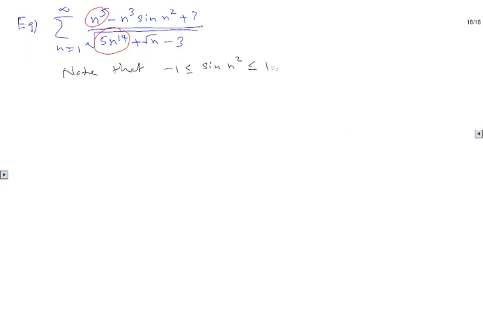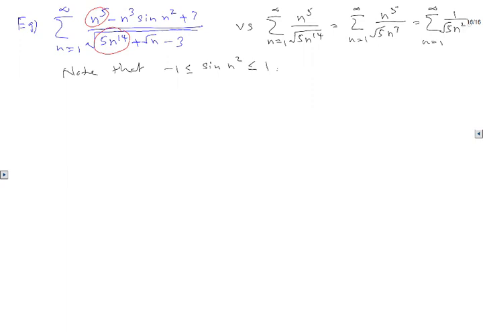So we can just consider the dominating terms, and go from 1 to infinity. Here n to the fifth is the dominating term, and in the denominator the term is the square root of 5n to the 14th. Let's simplify this a little bit. You get n to the fifth over square root 5 times n to the 7th. If you simplify a little more, you get 1 over square root 5 times n squared. So that's what you get.